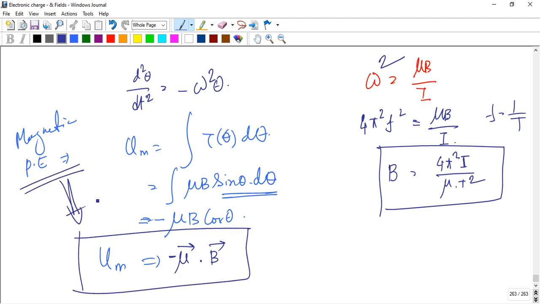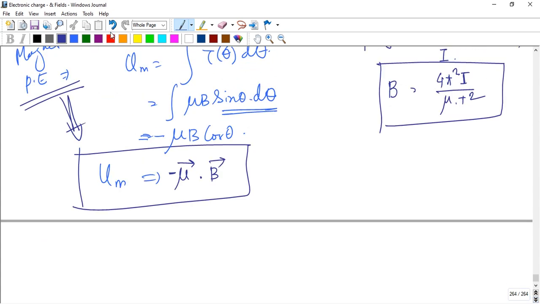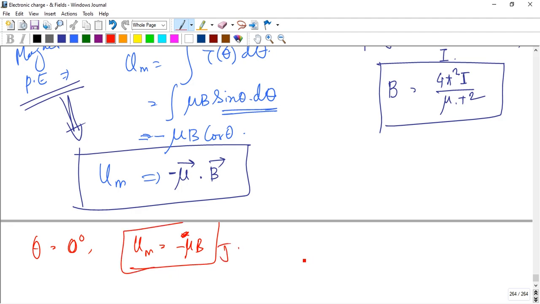Okay, the potential energy, and there is some condition here. Suppose the angle theta is 0 degrees, so cos 0 is 1, so that is minus mu B joule, and that case is a stable condition.